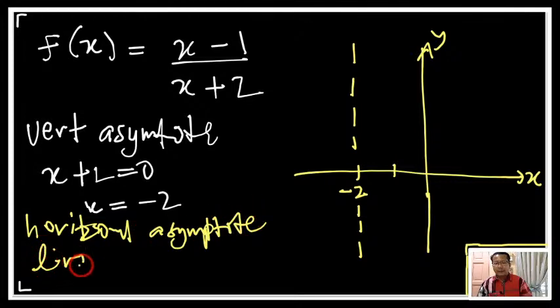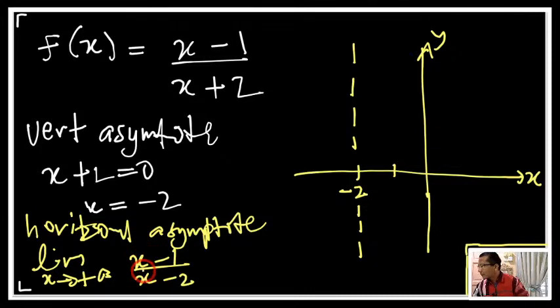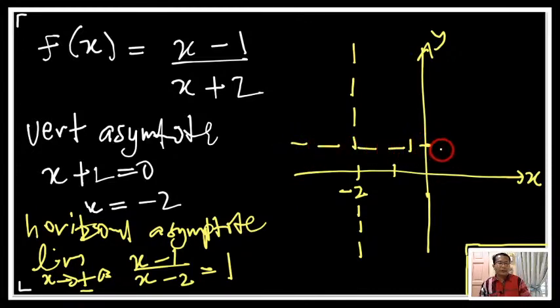The limit as x approaches positive infinity of (x minus 1) over (x plus 2). Divide this by x, and this also by x, so you get 1. If you find it for negative infinity also, you get 1. So y equal to 1 is the horizontal asymptote. So your graph is either like here and here, or the bottom one.